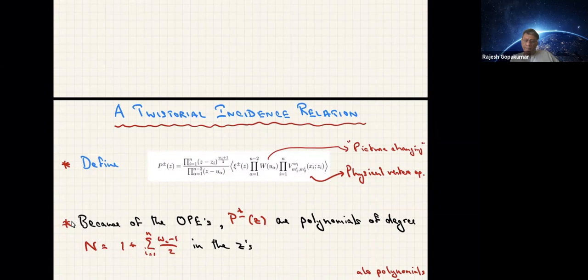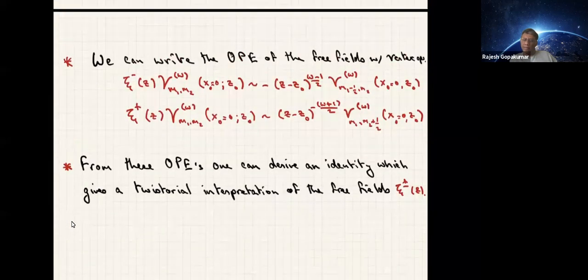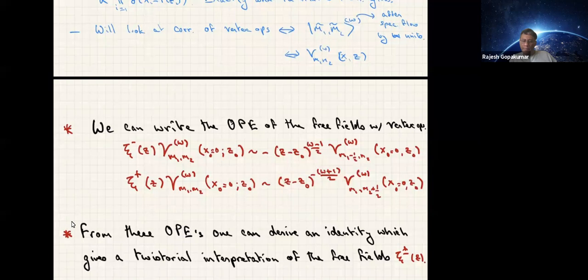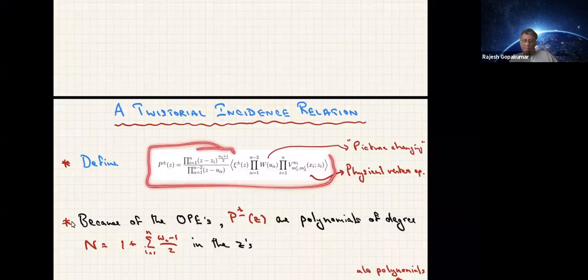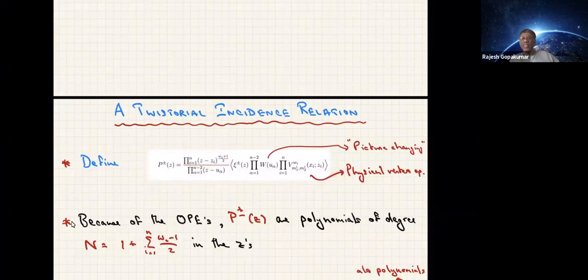Because this is designed to cancel the zeros that are there in the W's, and this factor essentially compensates for the singular behavior that might be there when you have, say, psi plus acting on these vertex operators. This object doesn't have any poles, so that's the reason why we have introduced this. So the poles are cancelled, and you can argue from the meromorphic nature of the correlators that this is actually a polynomial.